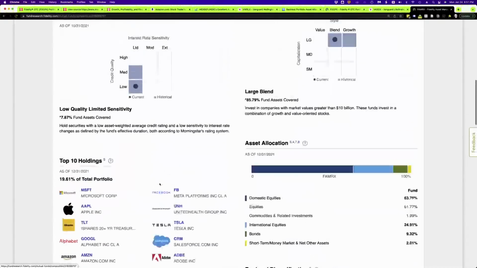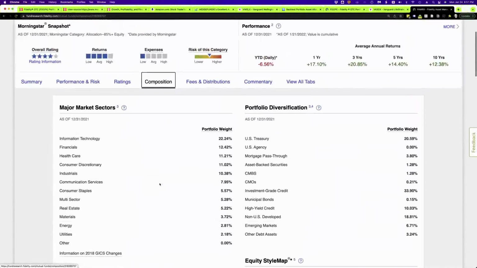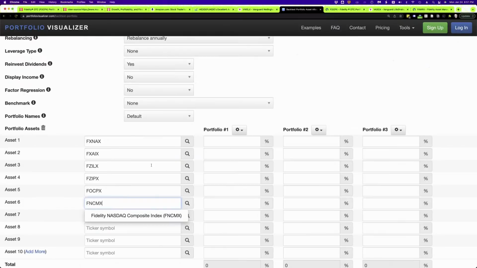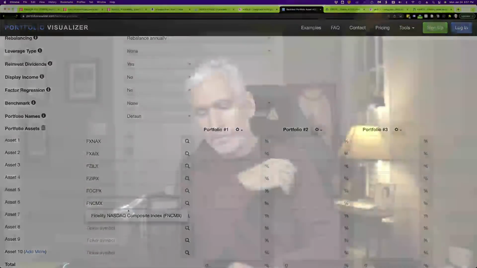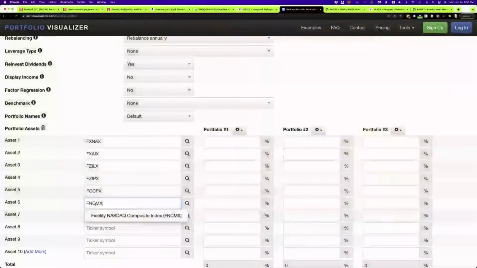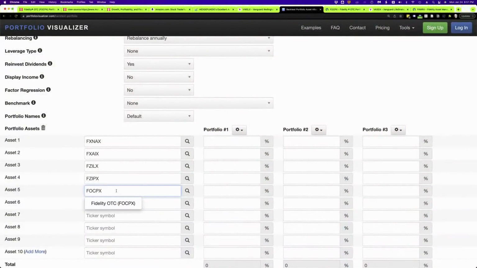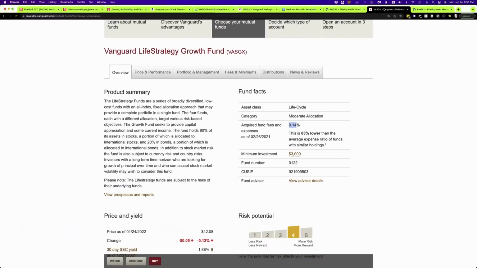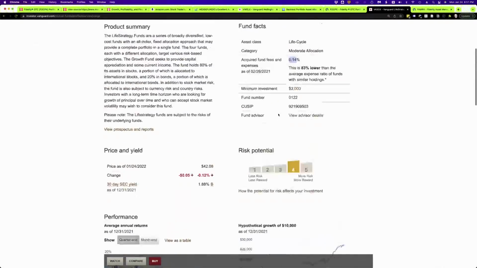But this is kind of accomplishing the same kind of thing, right? The thing you're going to have to figure out is, are these two? And here's the deal. I guarantee you, well, keep in mind that my guarantees on this show are worthless. There really aren't any guarantees, but I'm pretty confident that most of the companies that these funds would own would be in either one of these portfolios, right?